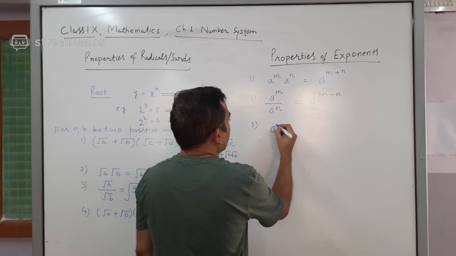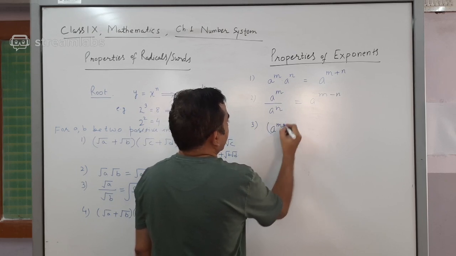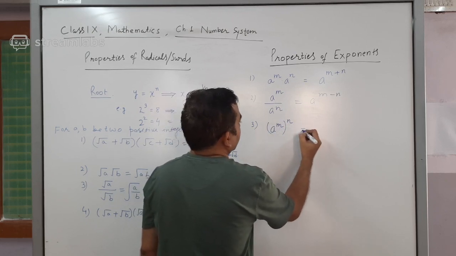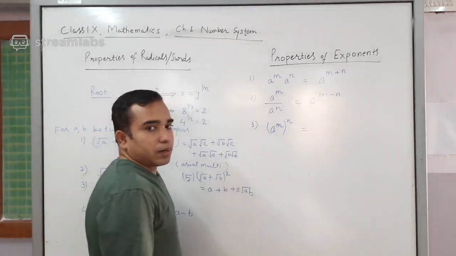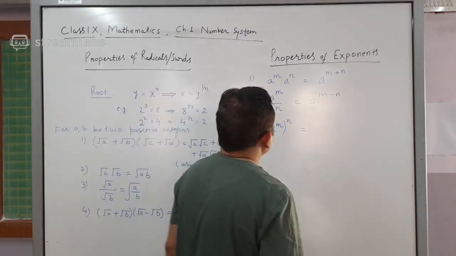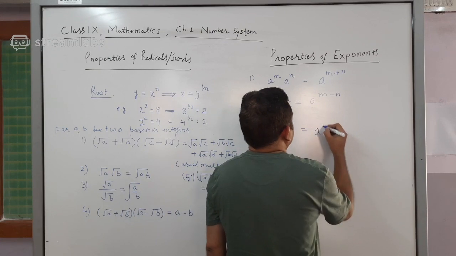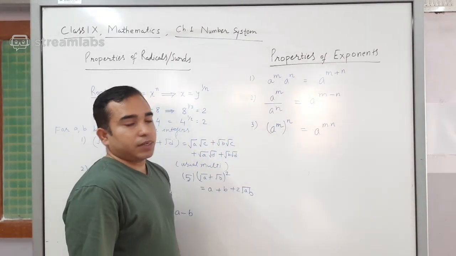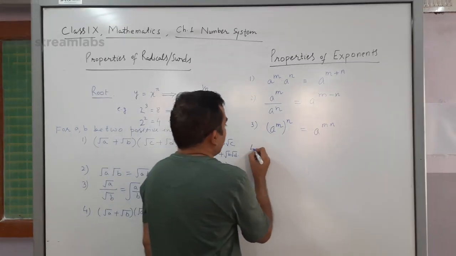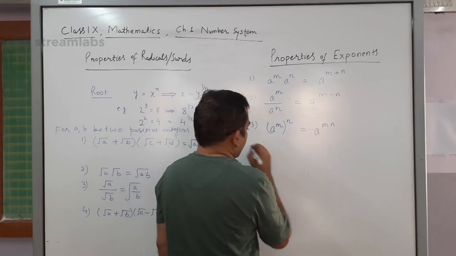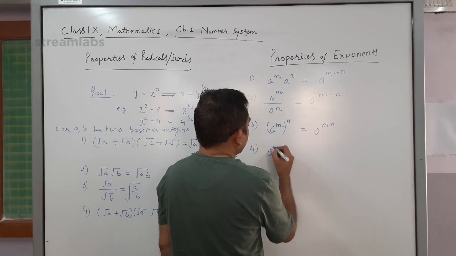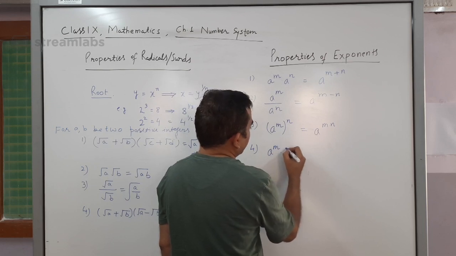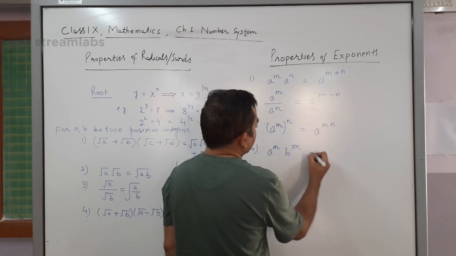Another property, when a raised to power m to whole power n is there, multiple exponents are there, then these exponents get multiplied with each other. And one more property, suppose a raised to power m, b raised to power m is there.